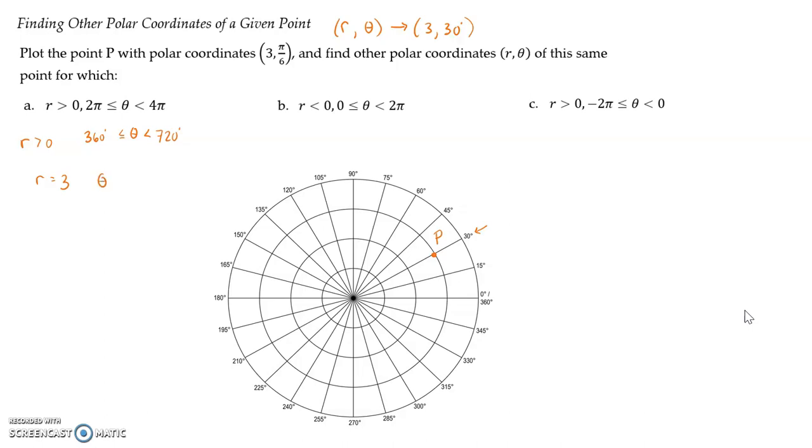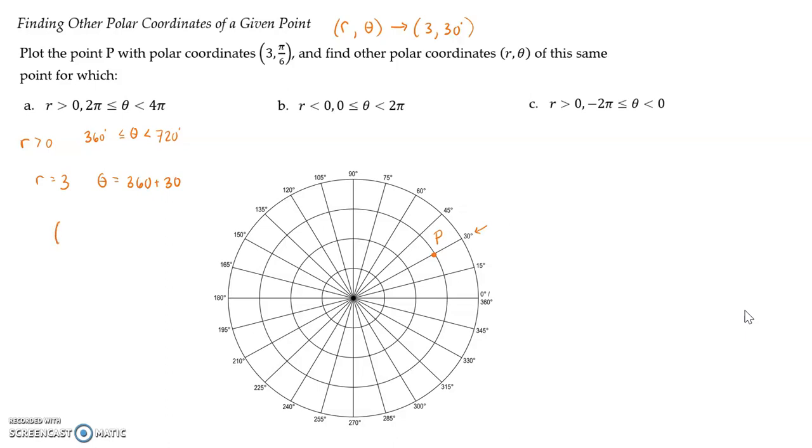And for our angle measure, if we want it to be between 360 and 720 degrees, obviously we could do a full rotation to get that 360 degrees. And then we have to go another 30 degrees so that we end up in that same location as point P. So this will be 360 plus that 30 degrees.